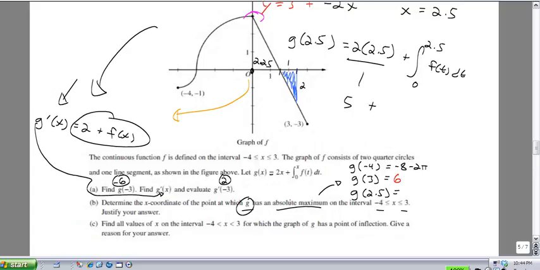So we just got to make sure, is this intersection point here correct? Well, I think we had the equation of that line: y equals 3 minus 2x.